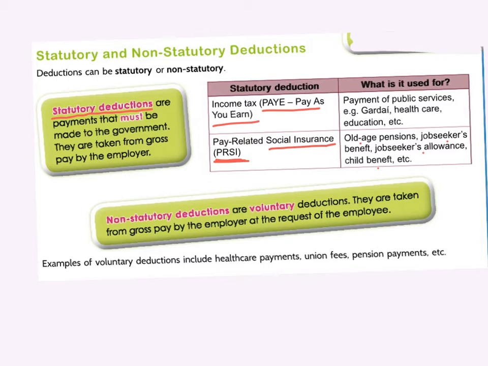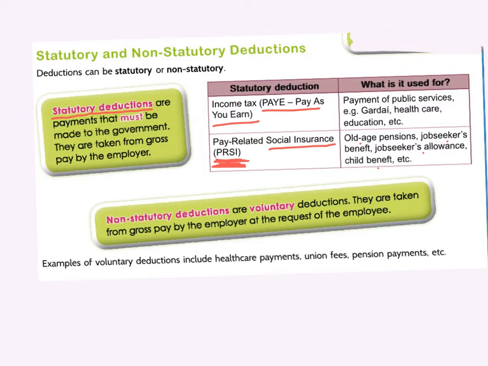So pay-related social insurance covers all of those possibilities in life, and for all of those, you're entitled to get money from the state. So for example, even if we look at the minute, the COVID payment, the PUP, that's €350 per week if you've been let go from your job. So that's money that you get from the government.